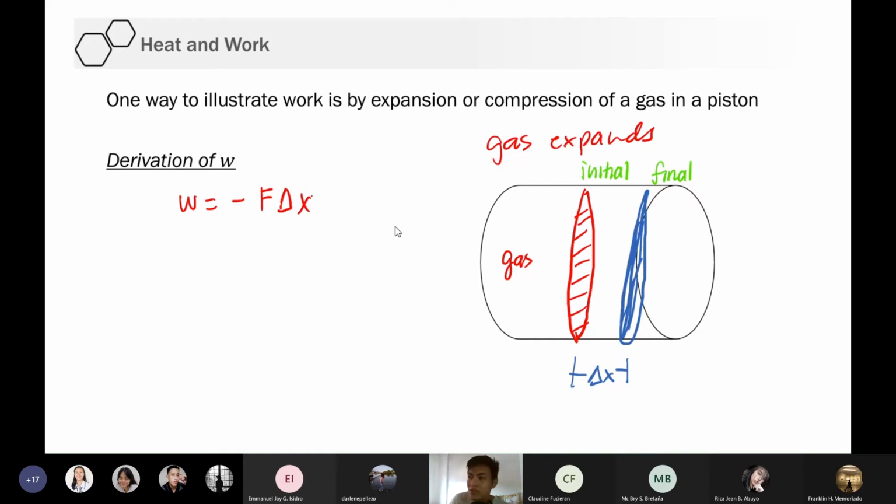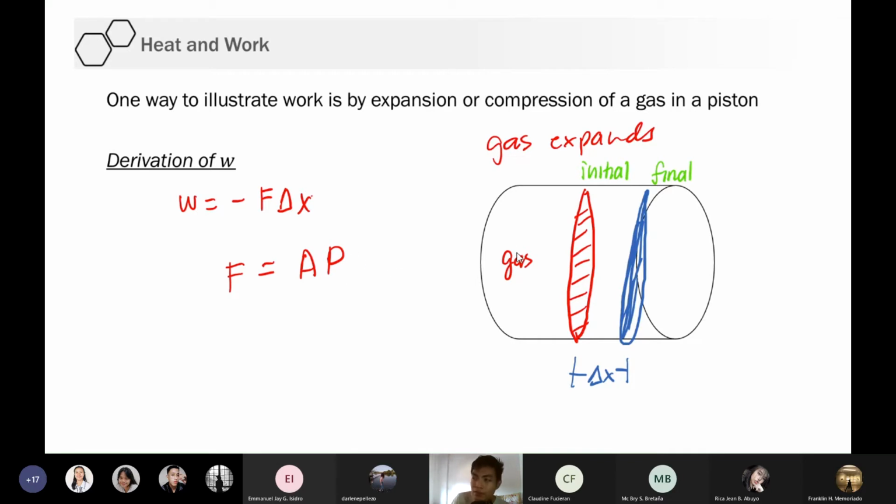Okay? So, the force of the gas is, yung equation for the force of the gas? The force of the gas is equal to the area times the pressure. So the force of the gas is equal to the area, the surface area of the cylinder times the pressure.